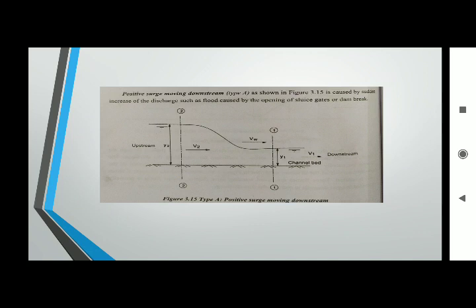In this riverside diagram we can see the depth of water increases due to opening of the sluice gate, so it is called positive surge. Water was already flowing with velocity v1. Because of sudden opening, there is an increase in velocity, v2. So that relative velocity vw is called celerity.